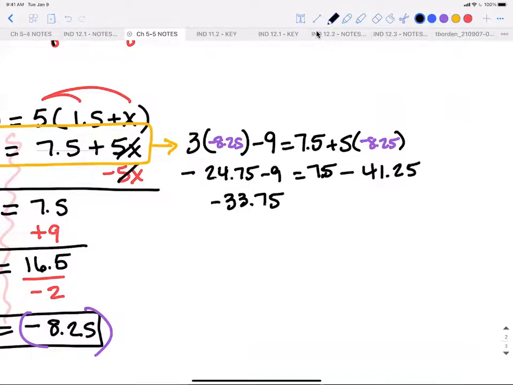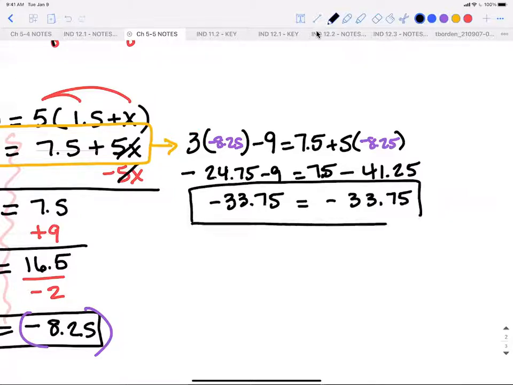And now I've got 7.5, which is positive, minus 41.25. The signs don't match, so I subtract the two numbers, and I take the sign of the bigger, which happily equals negative 33.75. So it checked out.